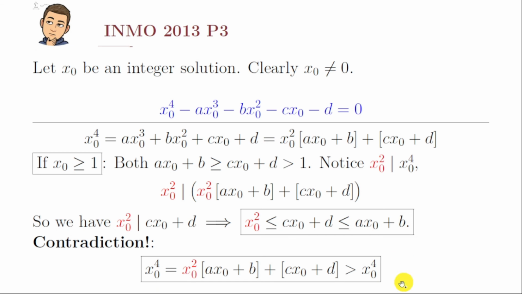You see here it is bigger than x0 to the power of 4, and this is a contradiction. So for all possible integer solutions, we always get a contradiction for this quartic polynomial. So we have solved this Indian National Math Olympiad problem.